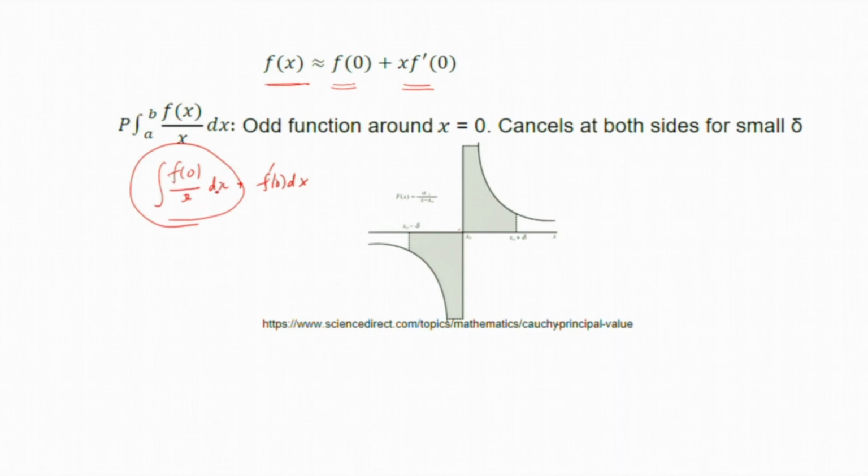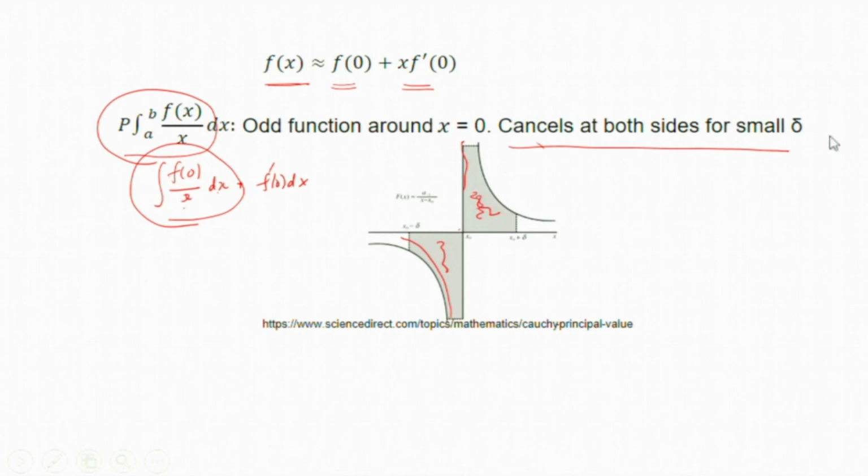You understand, no? The dx by x. This part, you expect some problem, since it is a singularity, but I know that it is basically going to cancel from left and right. So, this principal value, when you take the limit delta going to 0, is going to give us a meaningful number, it is convergent. They cancel at both sides for small delta and my answer is finite.